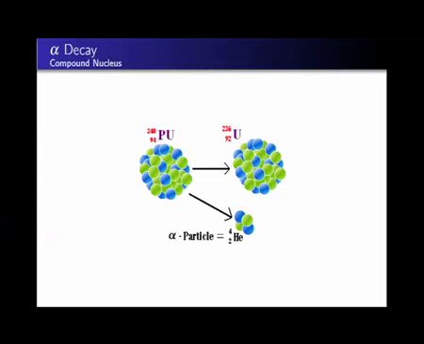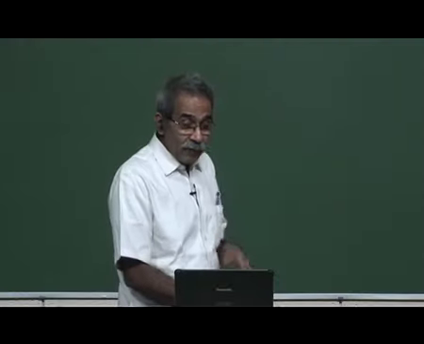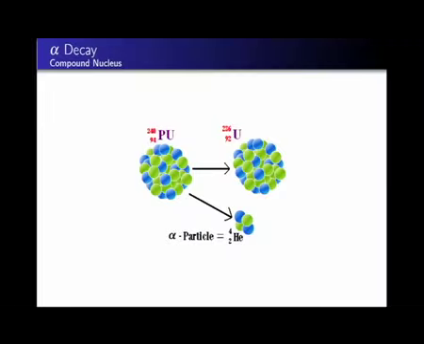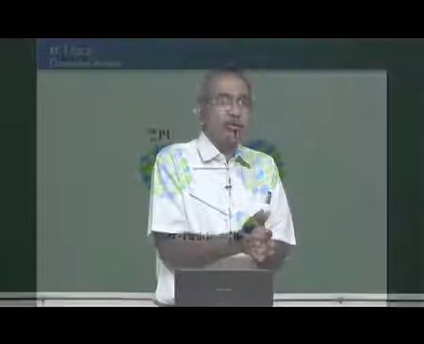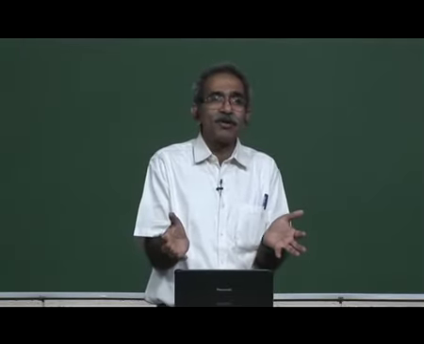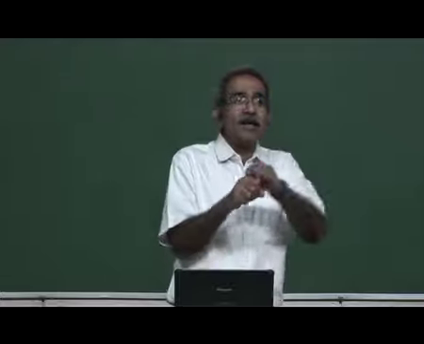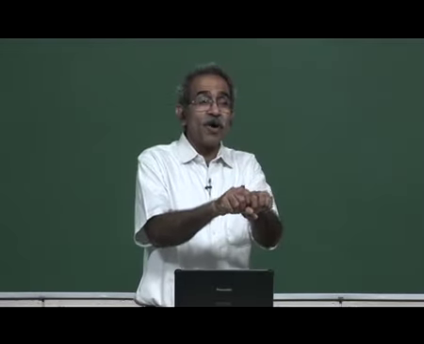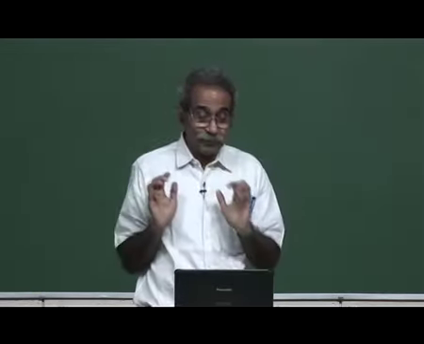It is a compound, just as atoms form compounds and molecules. In a similar manner, to a large extent, we can assume that my plutonium itself is a compound of what? Uranium and an alpha particle, and it just turns out it is not a very stable compound. It decays, and when it decays, one of the constituents of the compound comes out, and that is what we are going to see.